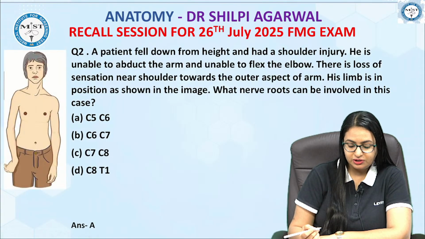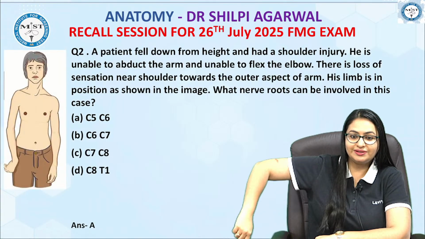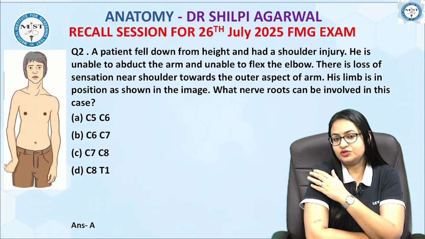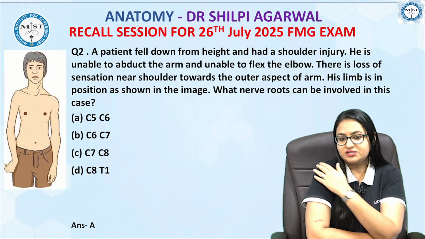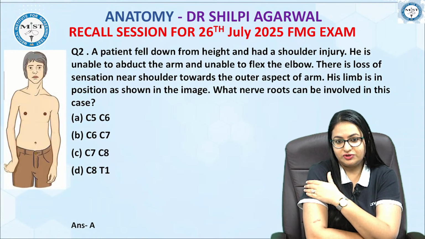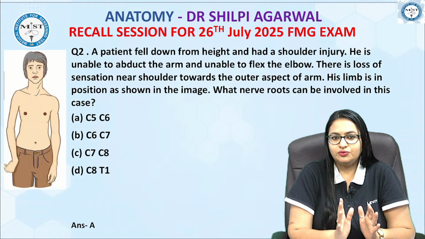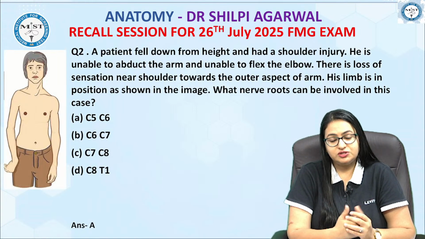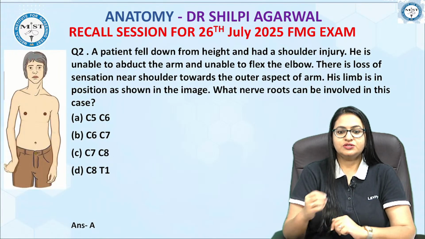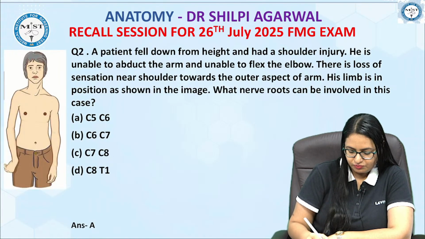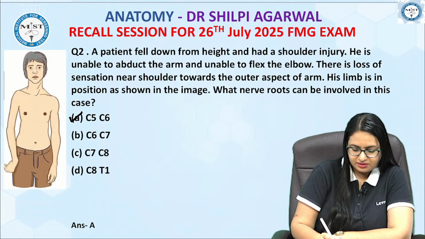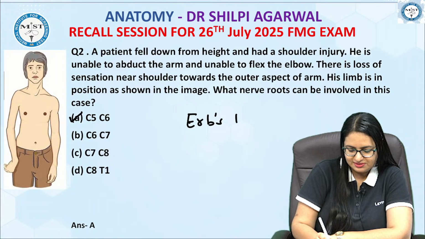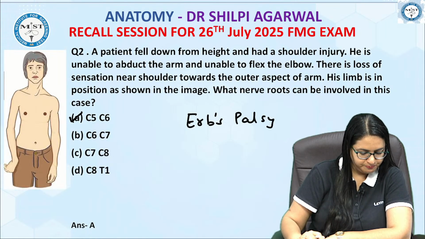He is unable to abduct the arm and unable to flex at the elbow, and there is sensory loss over the outer aspect of the arm. All these symptoms are in coherence with Erb's palsy, and his limb is in the position shown in the image, the waiter's tip deformity. So what nerve roots will be involved in this case? Very well, C5 C6.